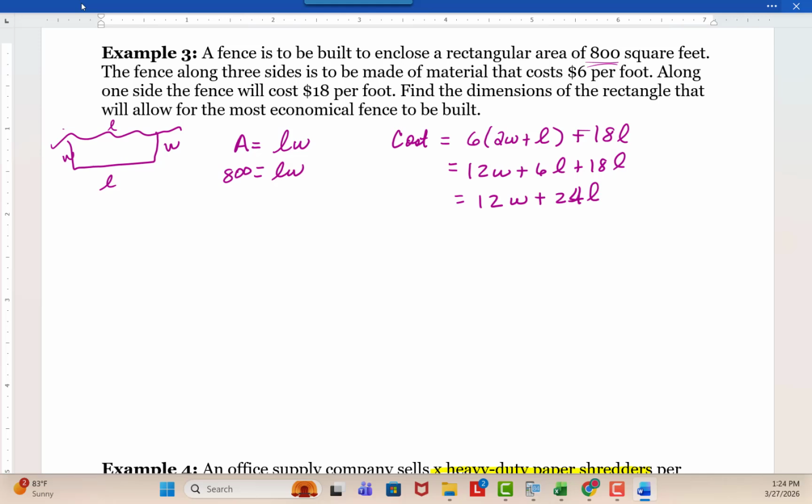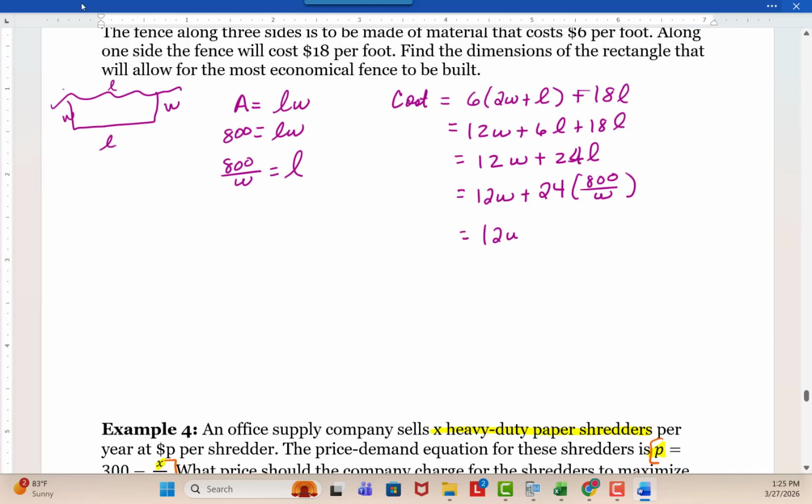Let's say 800 divided by W is equal to L. That means I can replace L with 800 over W. So we get 12W plus 24 times 800 over W. This is going to be a cost function just in terms of W. So 12W plus 24 times 800 is 19,200, and I'm going to go ahead and write that as W to the negative 1.